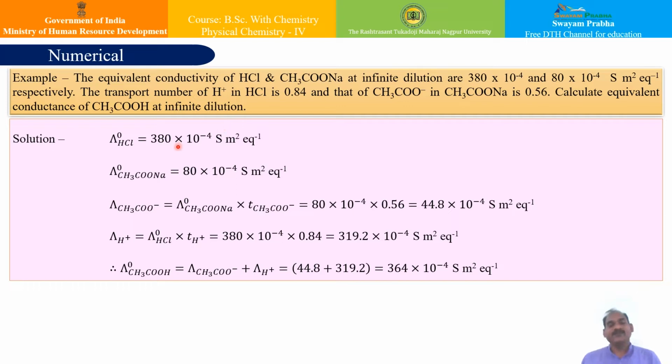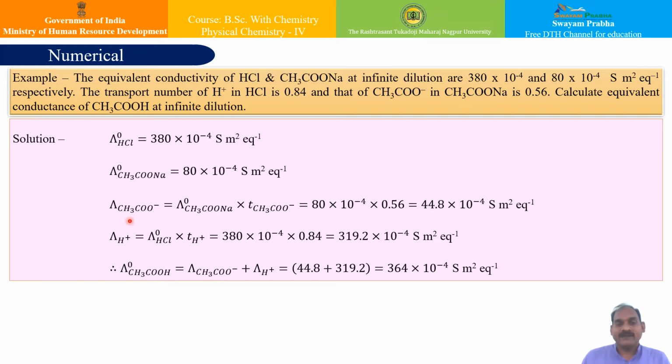The numerical is very simple, because we have the equivalent conductance at infinite dilution of HCl, which is this much Siemens meter square per equivalent, and for sodium acetate it is given as this much. So for acetate ion, I can straight away write down, because the transport number is given, the determination of equivalent conductance using the transport number formula we know.